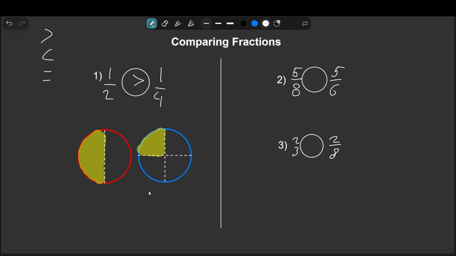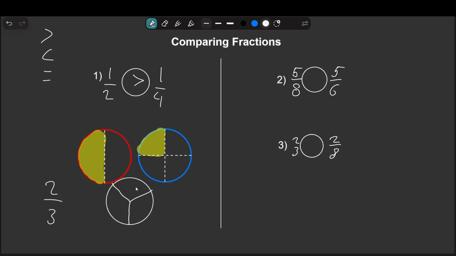Let me make another circle right here. Let's say we have a circle and our fraction is 2/3. It will be something like this. Let's draw it a little bit better, like this.